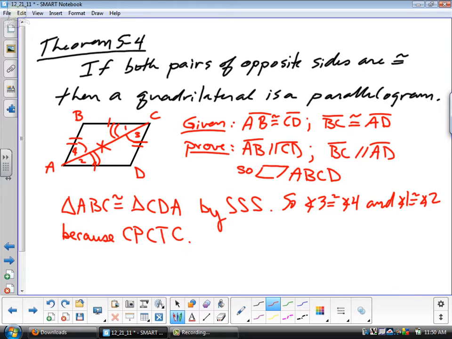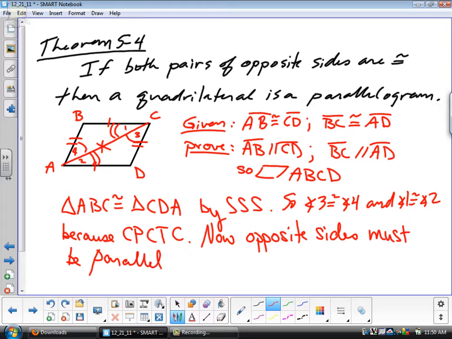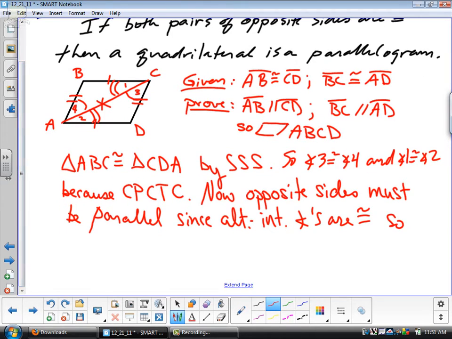State that the opposite sides must be parallel because alternate interior angles are congruent, which means this is a parallelogram. It's a parallelogram by definition of parallelogram.